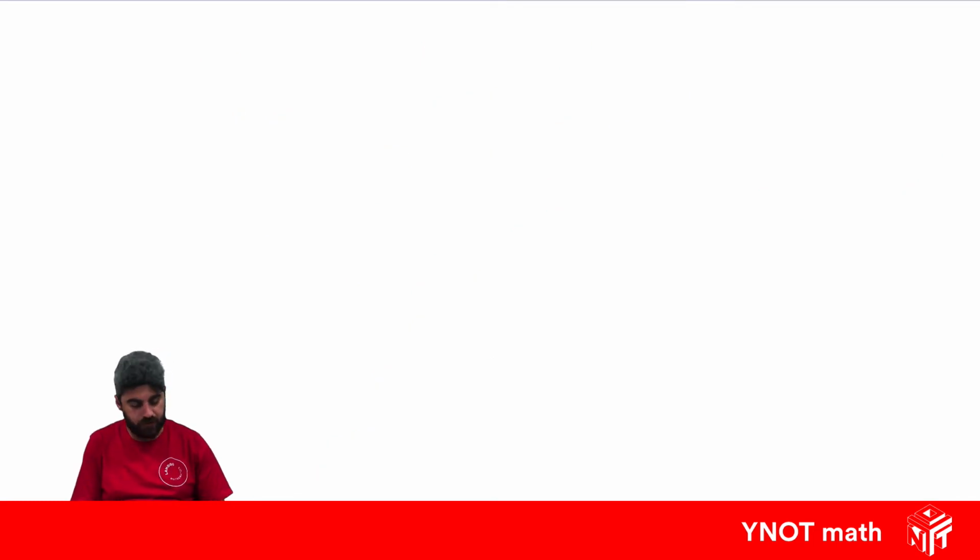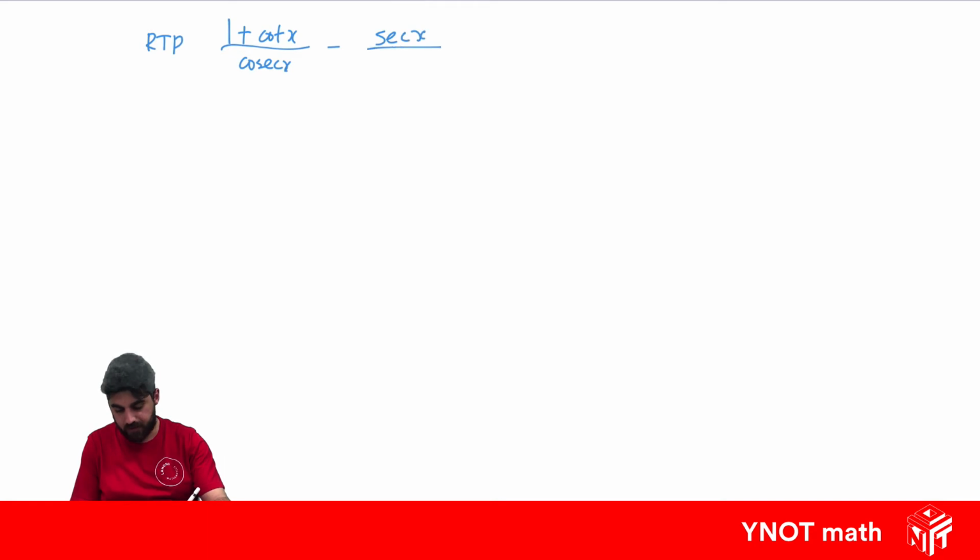So let's look at a more difficult example. In this one we're required to prove that 1 plus cot x over cosec x minus sec x over tan x plus cot x equals cos x. Obviously we're going to take the left-hand side because the right-hand side is just cos x, and we're going to change everything into sines and coses.